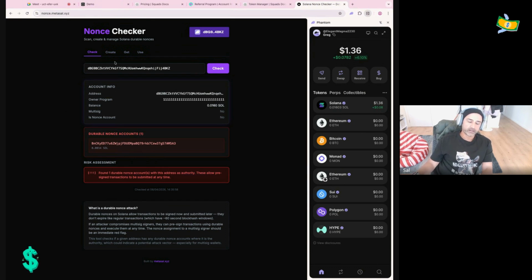You can go here, put in a wallet or a multisig somewhere that you've invested money and see if there are any nonce accounts that are created that someone could use. And if you do have one, if I was you, I would dump that wallet as soon as possible, get all your money off it and move it somewhere before that nonce gets used by someone that gets access to a front end or something else on your system. Cool. All right. So that's the nonce checker.